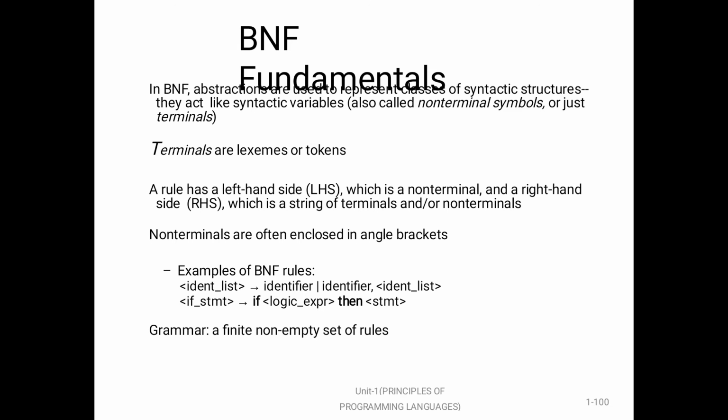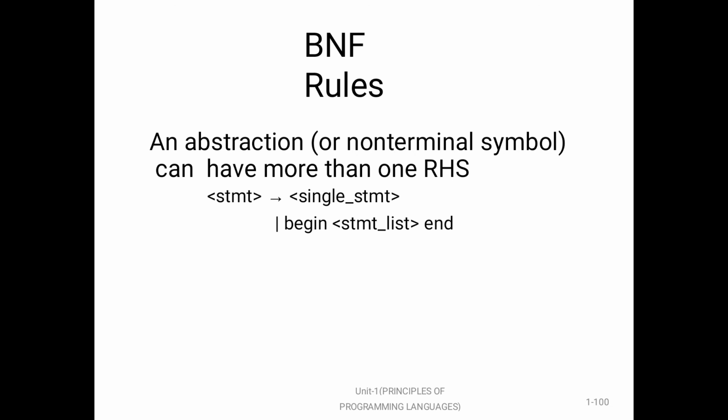Terminals are lexemes or tokens. An abstraction can have more than one RHS. A derivation is a repeated application of rules, starting with the start symbol and ending with the sentence.